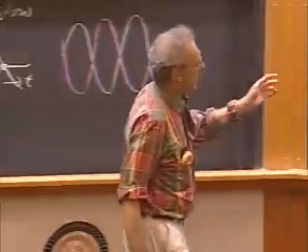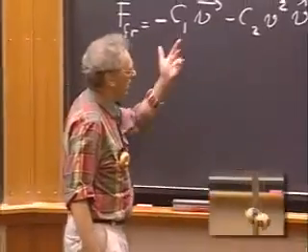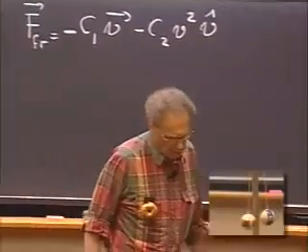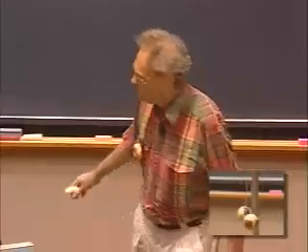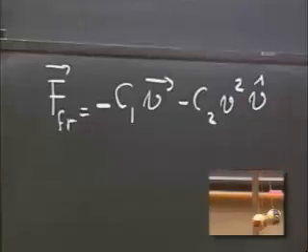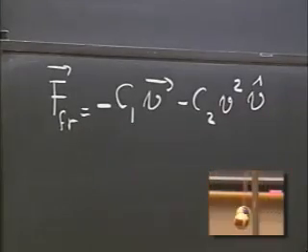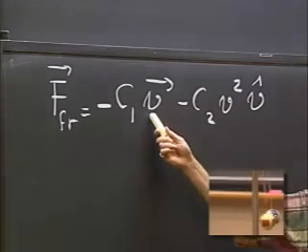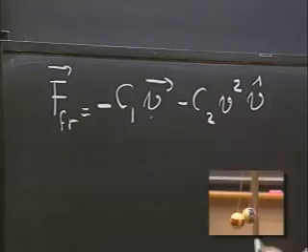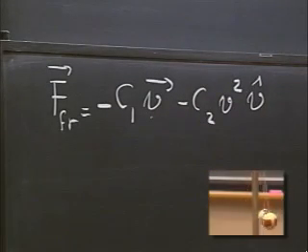This term has a name. This is called the viscous term, and the other term has a name which is called the pressure term. One is proportional with the velocity, and the other one is proportional with the square of that.